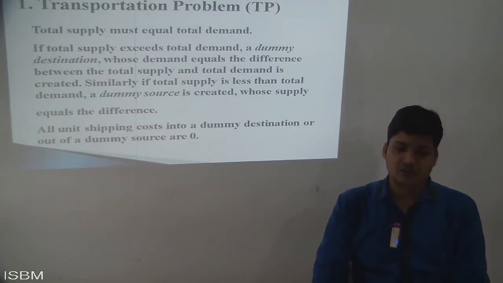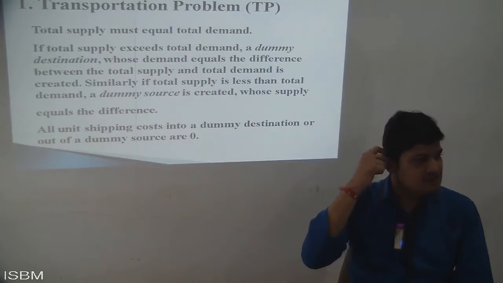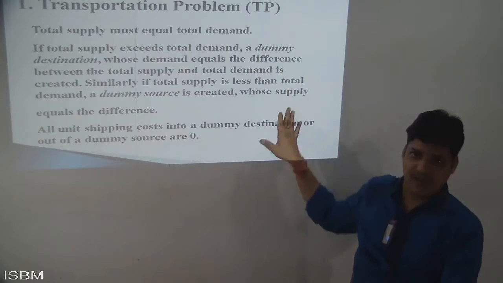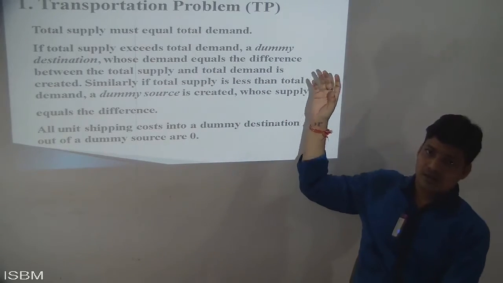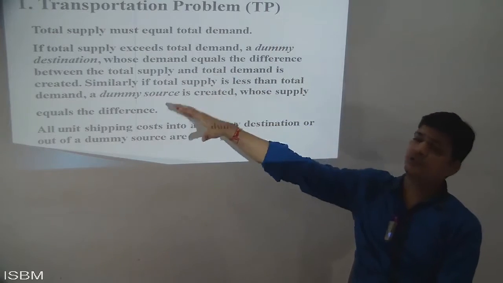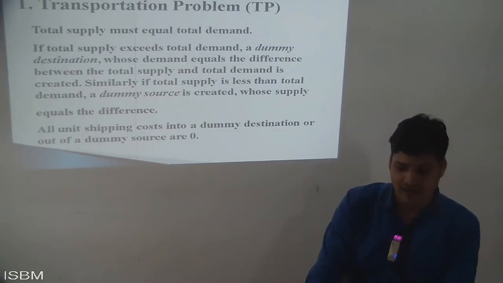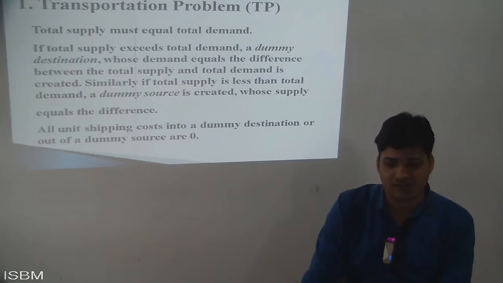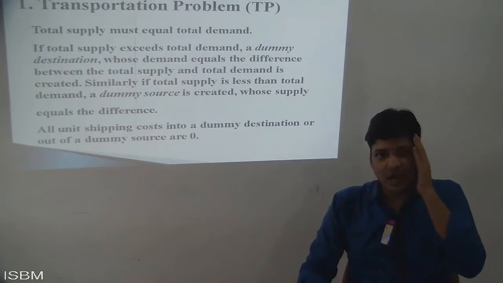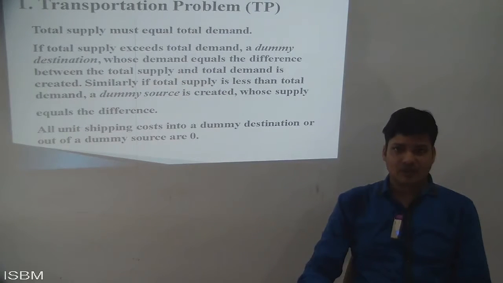So total supply must equal total demand. See, in any company we have a supply and we have a demand. Whatever supply we are doing is according to the demand. Suppose a company manufactures a car, and we can take the example of Tata Nano.